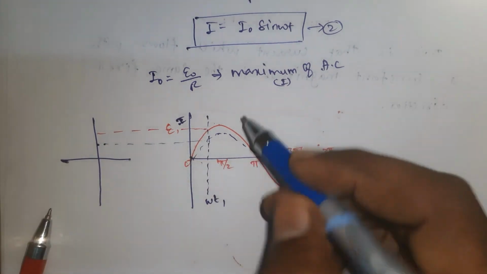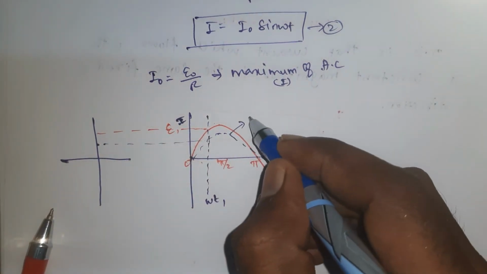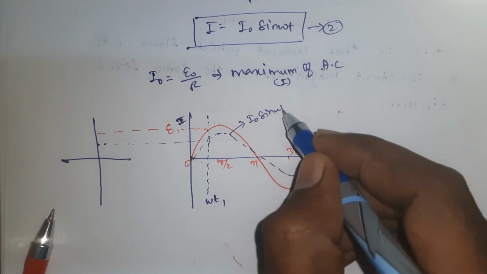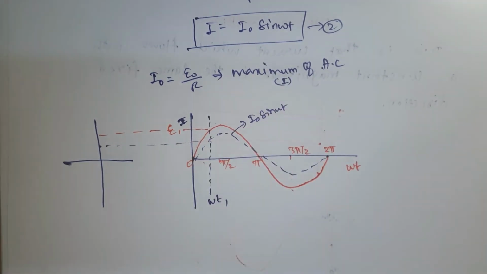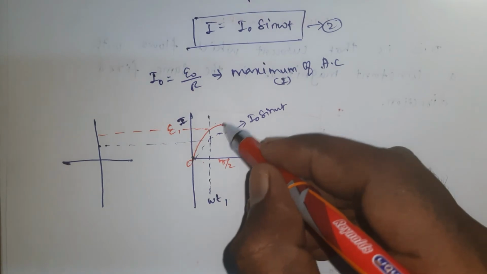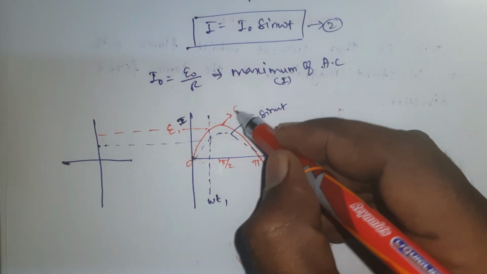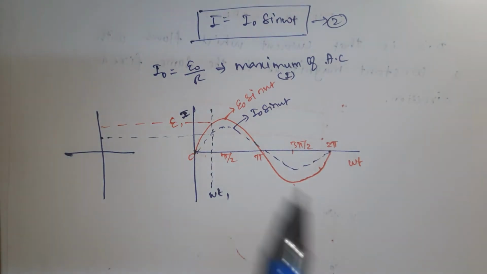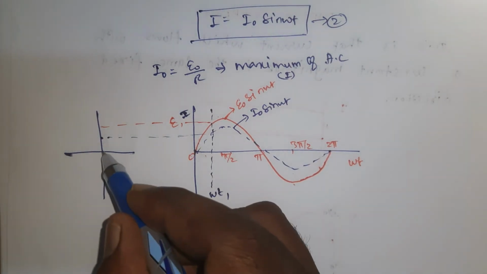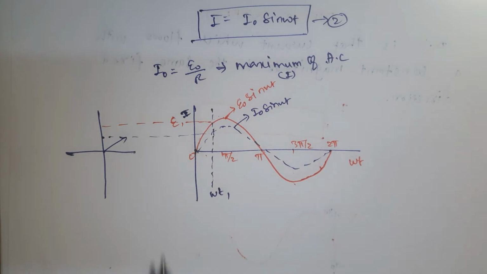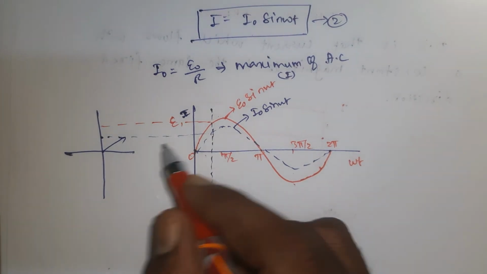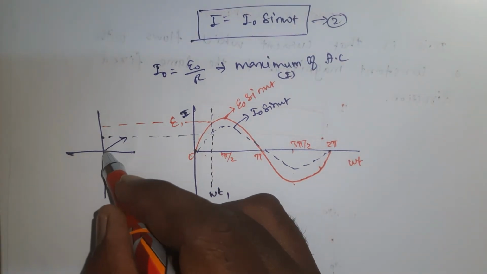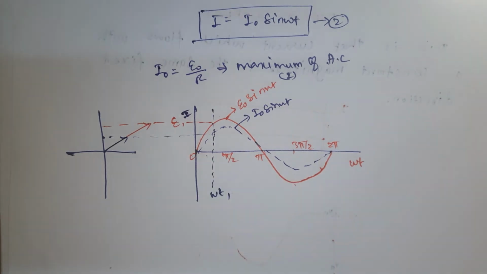So this blue line represents current, I naught sine omega t. The red color represents voltage, E naught sine omega t. Now extend this line. This is for current I, then this is for voltage V.